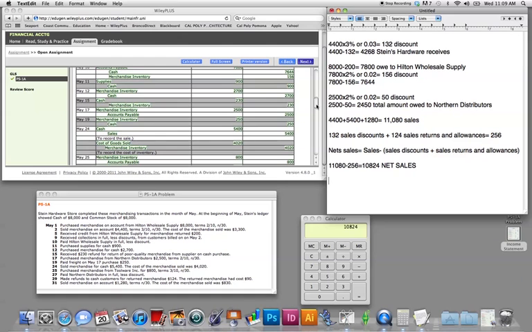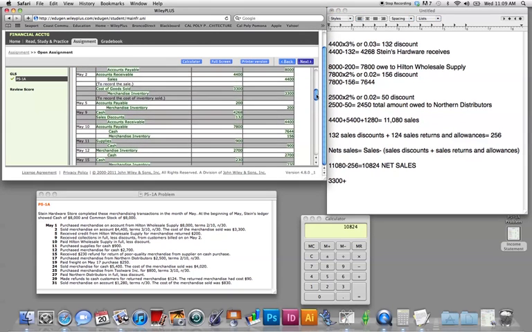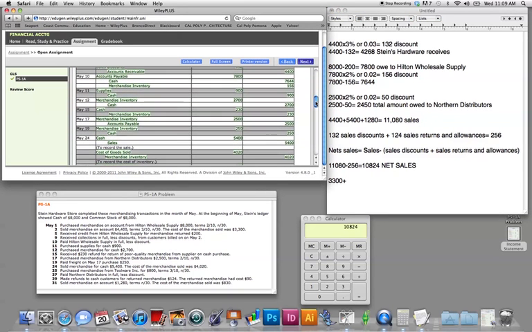So cost of goods sold, our first one was on May 2nd. Our cost of goods sold on this one was $3,300. So we do $3,300 plus $4,020, which was on May 24th.